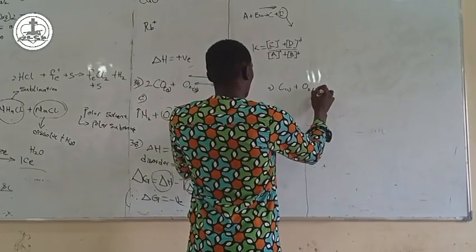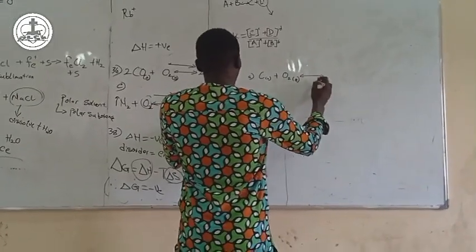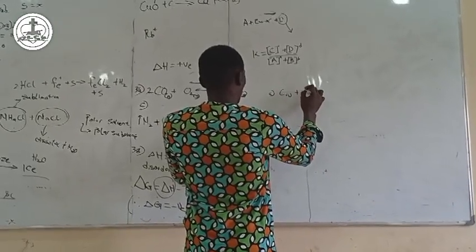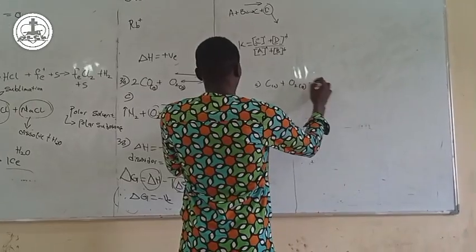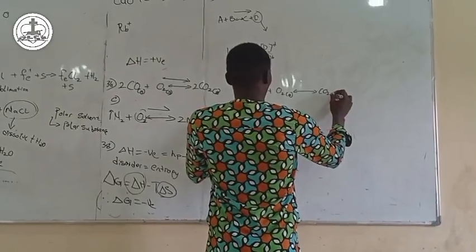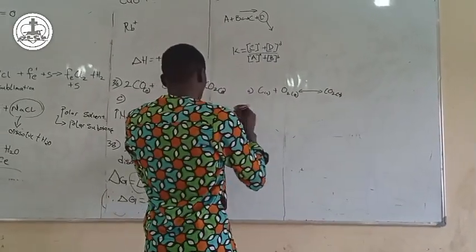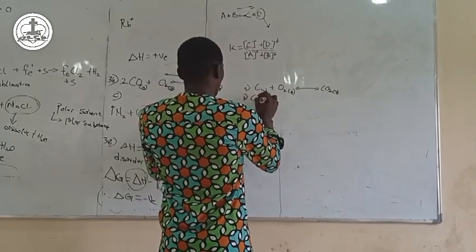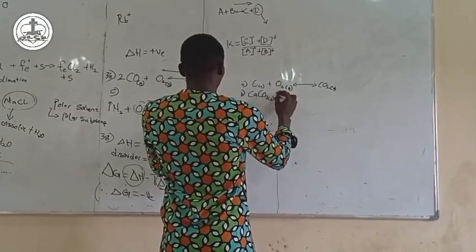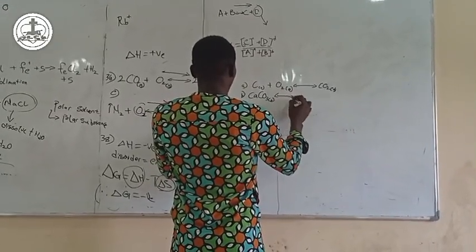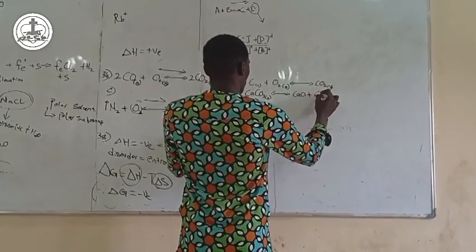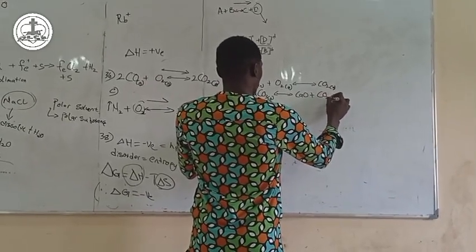So the option A, we have carbon, which is solid, plus oxygen gas giving carbon dioxide gas. We also have B, calcium carbonate, which is solid, gives calcium oxide plus carbon dioxide gas.